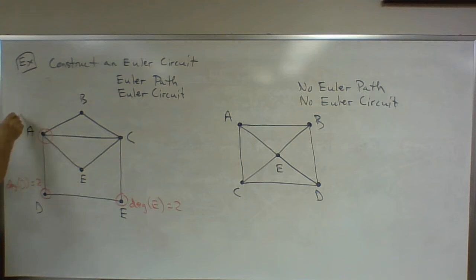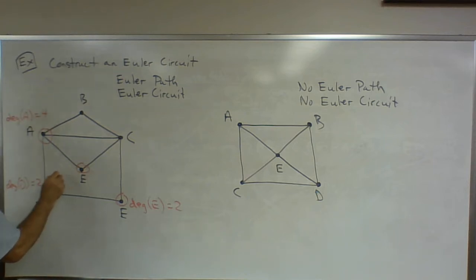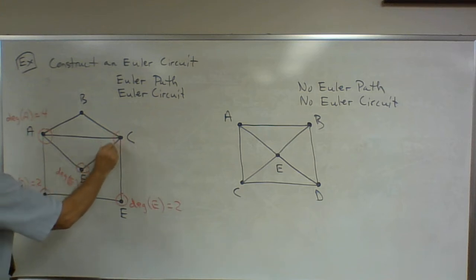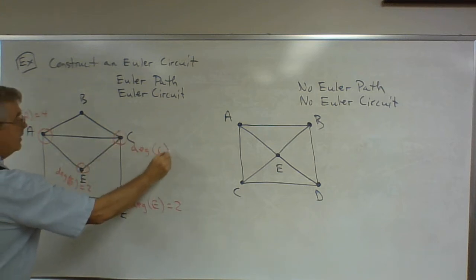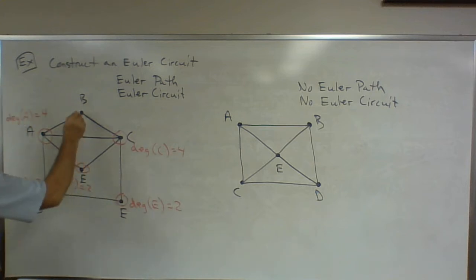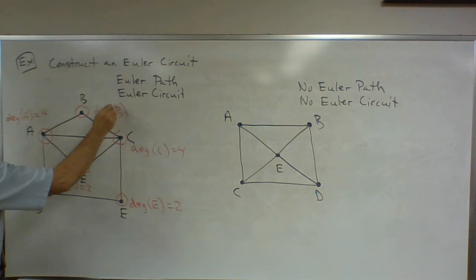Degree of A is 4. Here, degree of E is 2. Here, the degree of C is 4. And here, the degree of B is 2.